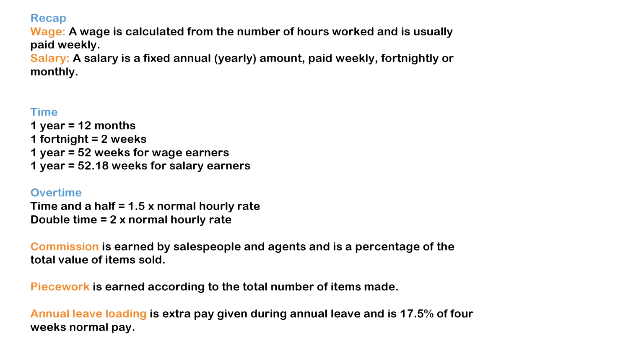Overtime is just 1.5 times the normal hourly rate for time and a half, and for double time, it's 2 times that. Commission is a certain percentage of the items you sold, whereas piecework is how much you get paid a certain amount for every item you make or sell or complete. Your annual leave loading is 17.5% of your 4 weeks normal pay.